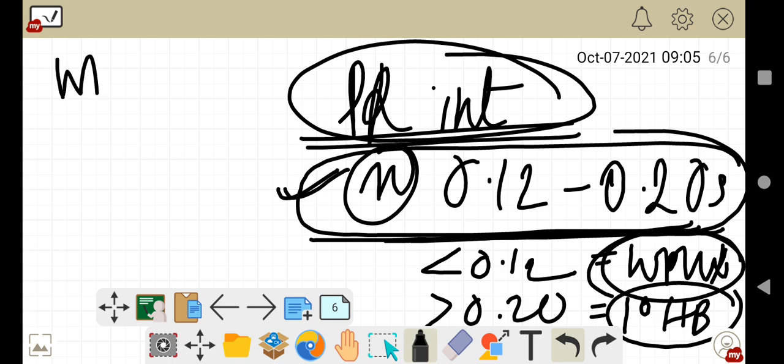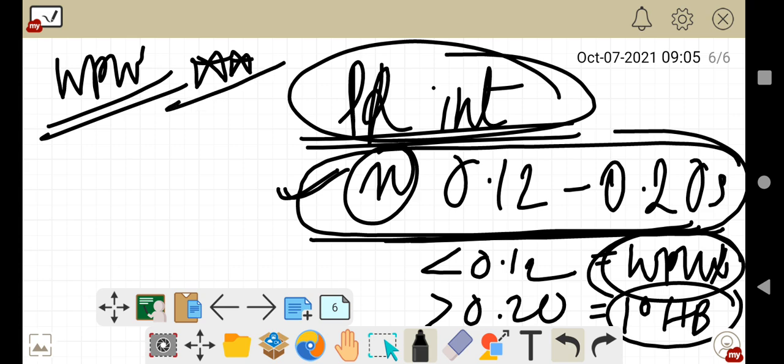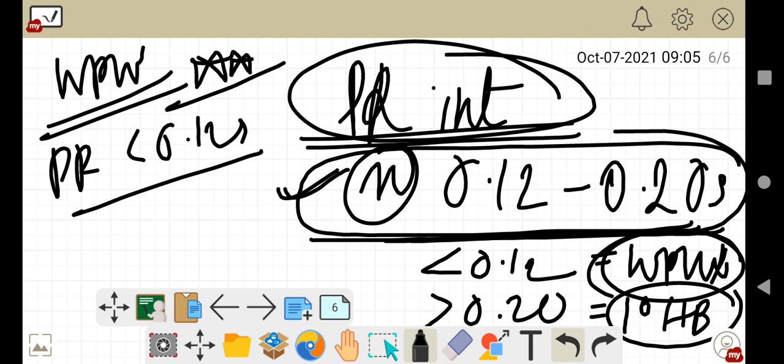Now talking about WPW, this is again an important topic. In WPW, the PR interval is less than 0.12 second, correct? So this is the first thing. Now what is WPW syndrome? Actually there is an accessory pathway through which there occurs re-entry of the action potential, right, which generates a delta wave.